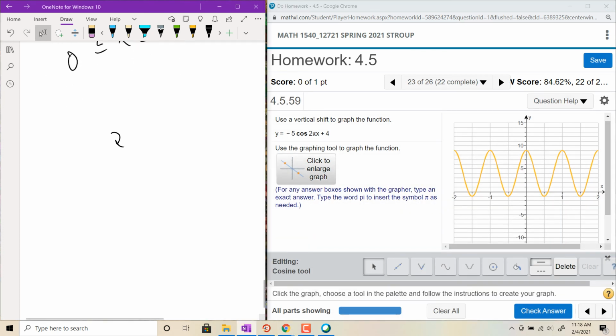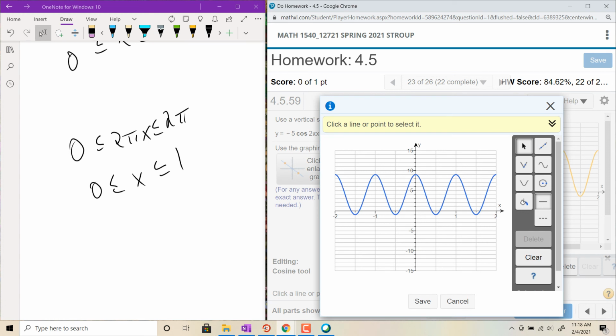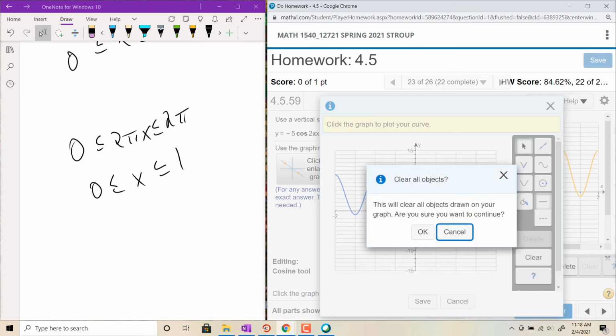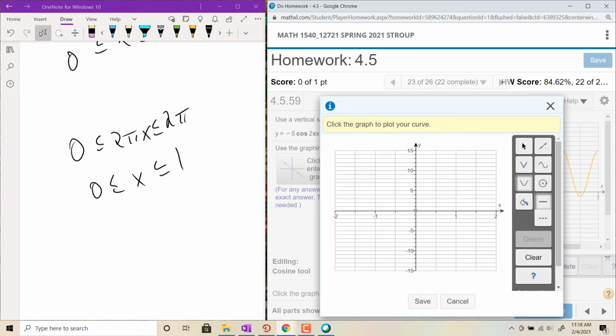All right. So 2 pi x is equal to 2 pi, and you're equal to 0, so divide everything by 2 pi. So let's clear this. What is it doing?